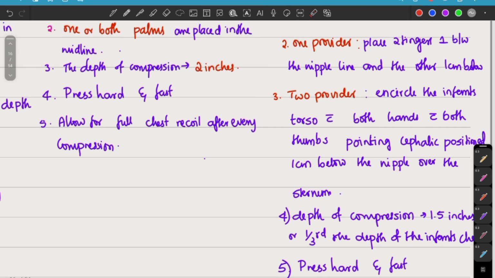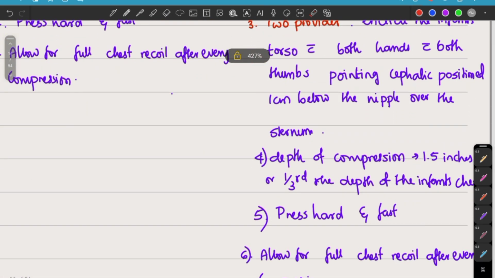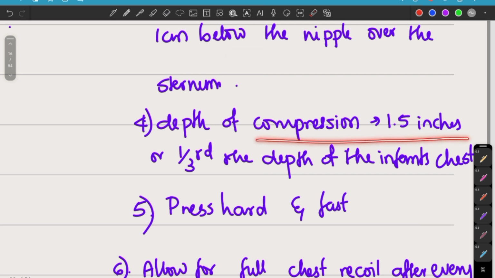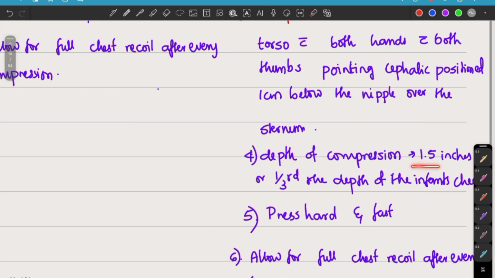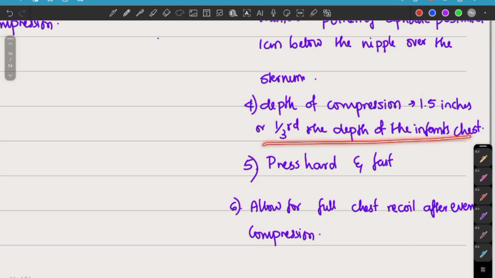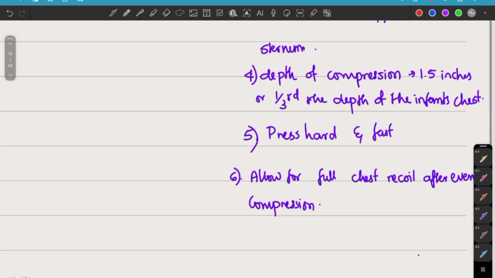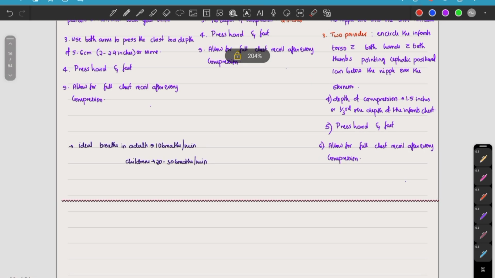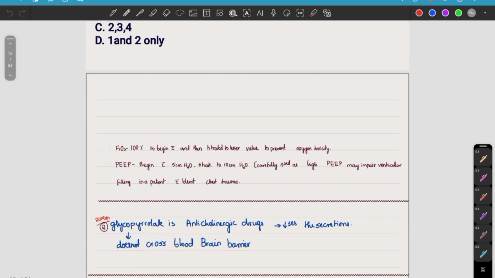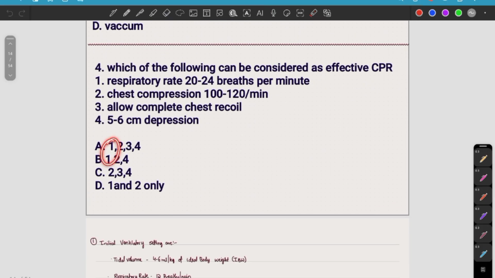I have put these pictures in other papers, but I'll show you the pictures in other question papers. The depth of compression is 1.5 inches, or 1/3 of the depth of the infant's chest, whereas there it was 2 to 2.4 inches. Press hard and fast. Allow full chest recoil for every compression. Here the wrong option is 1, hence all are ruled out, only C is correct.